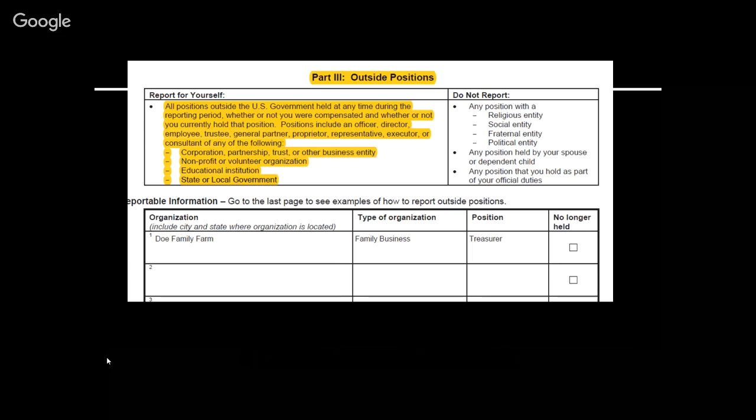Now, what you're going to do here with anything you see on Part 3 is very similar to what we would ask you to do on Part 1, which is basically to decide, does the organization that's being listed here, is it an organization, A, that could be affected by the work that our government employee does? B, is it an organization that may very well come before our agency? And C, is it a position?